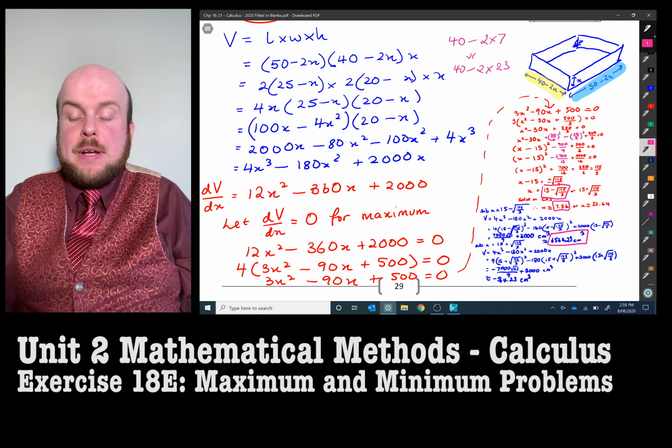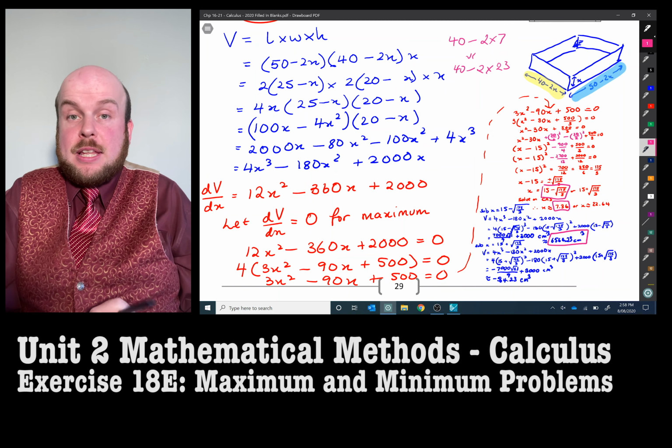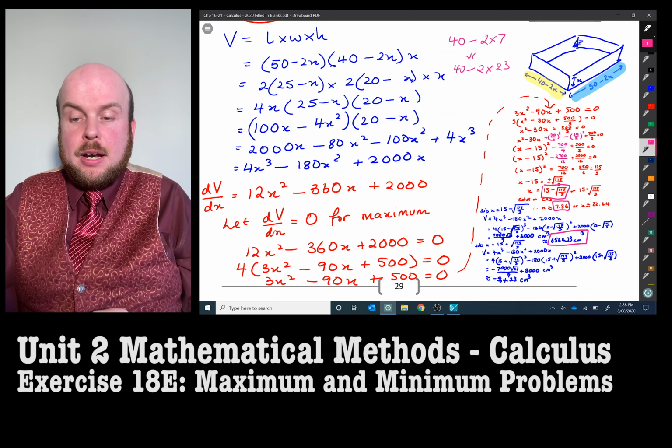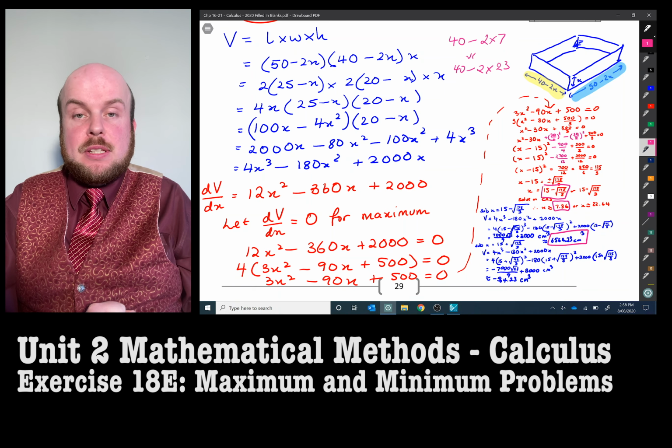So just by doing that as an approximation with that image, I already know that it's going to be wrong. So that is another way that you can quickly speed up the process of this question.